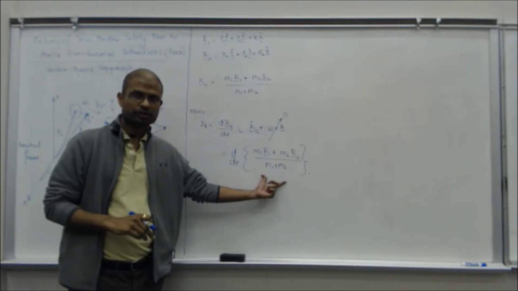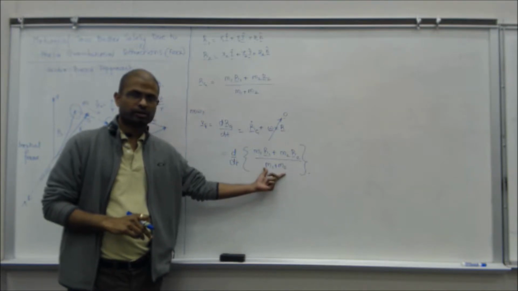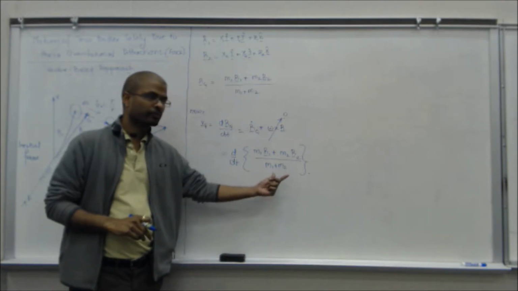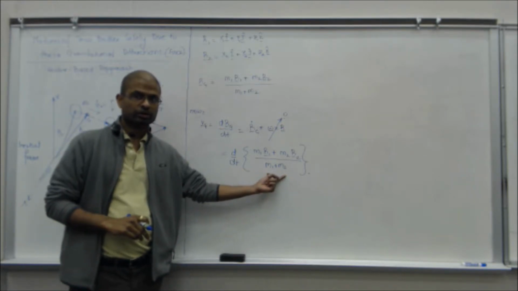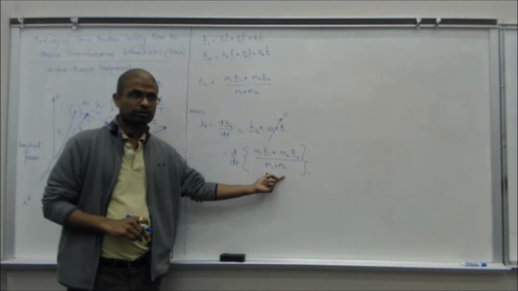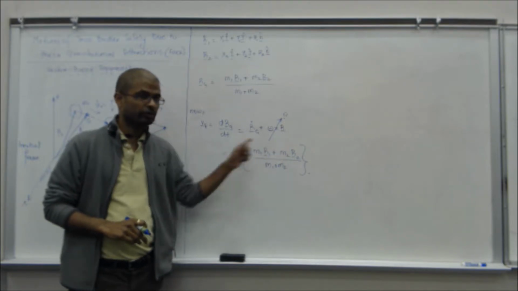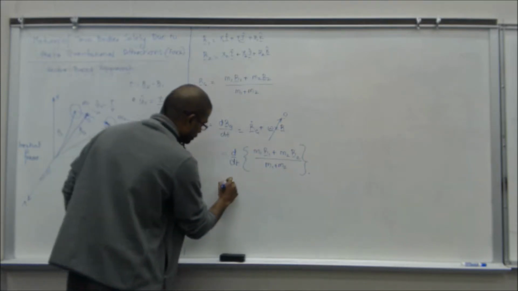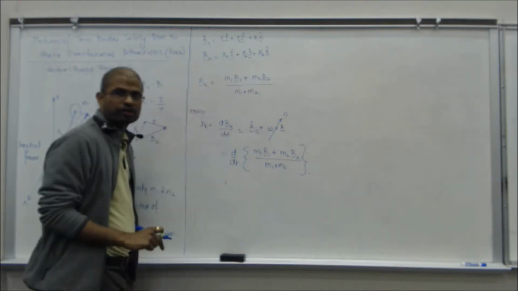We don't deal with changing masses. Mass is constant. Otherwise, we would have taken the quotient rule first, and then the product rule inside. But here m1 and m2 are not changing; they are constants.